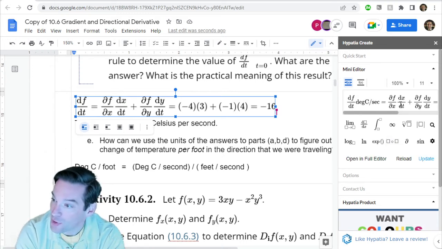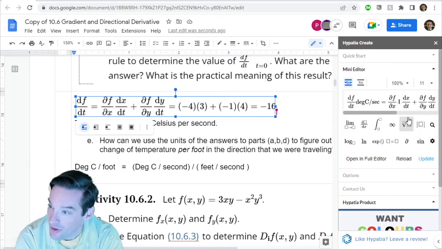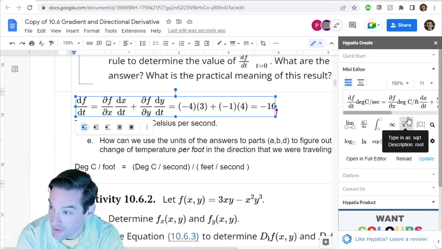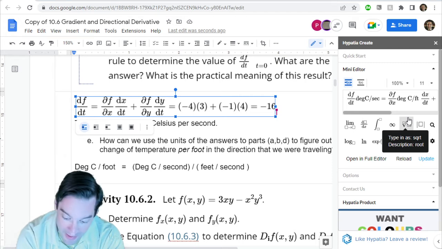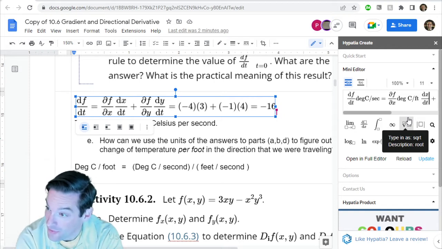But meanwhile, the partial derivative df dx has units of degrees Celsius per foot, right? But then we end up multiplying it by dx dt. And so if x has units of feet and t has units of seconds, then what does dx dt have for units?